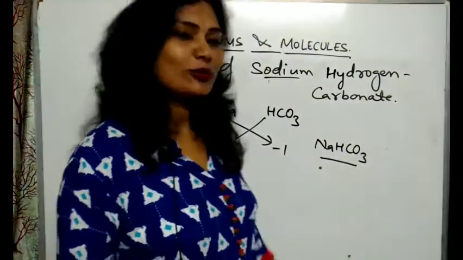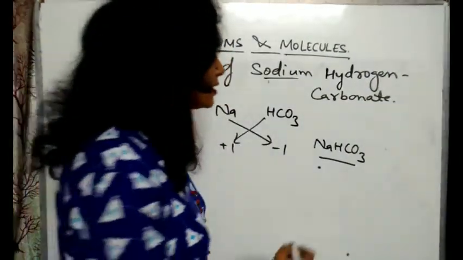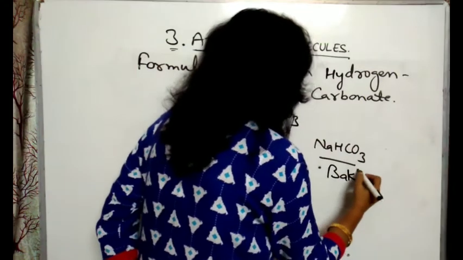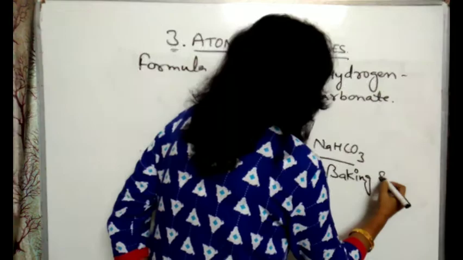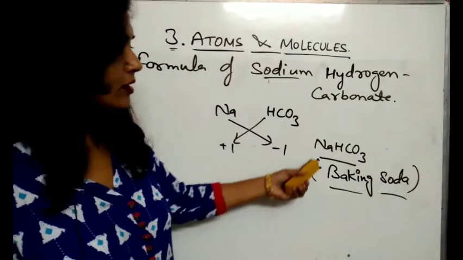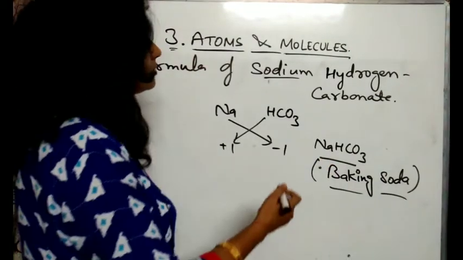Actually, sodium hydrogen carbonate is also known as baking soda. Baking soda is the common name of sodium hydrogen carbonate. So NaHCO3, this is sodium hydrogen carbonate.